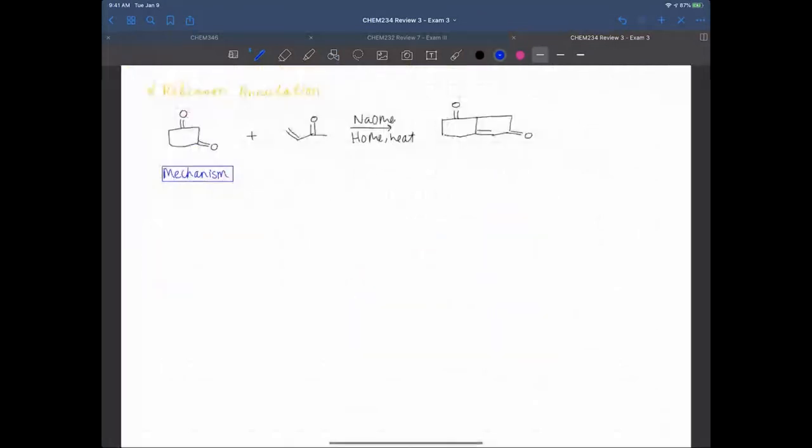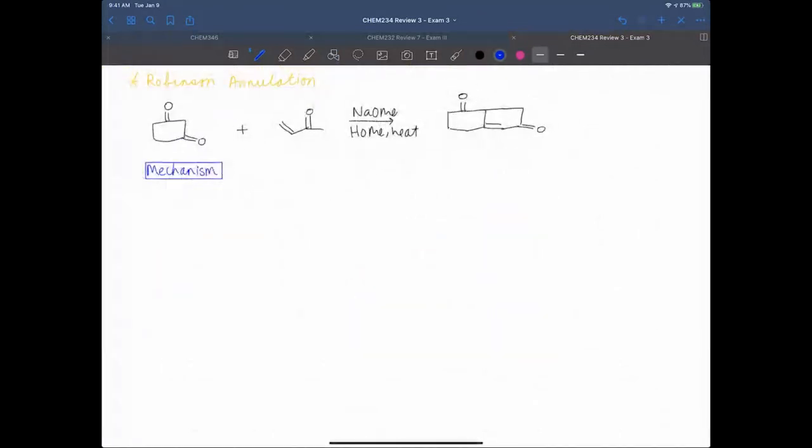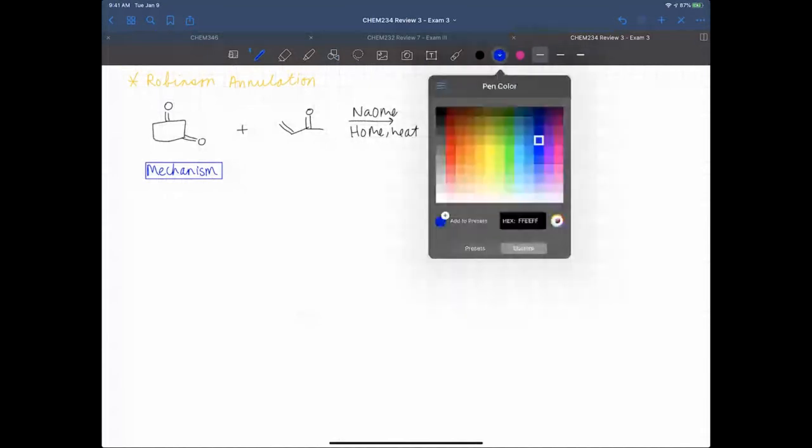All right. This is also another really popular reaction. You might see it hiding in the form of a predict-the-product kind of problem, but usually for this, at least for me, I like drawing out the mechanism just to be able to see what's going on. Okay, and there are a few things that you need to remember for this.